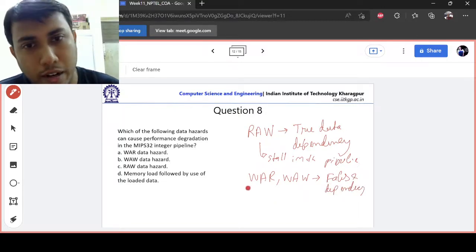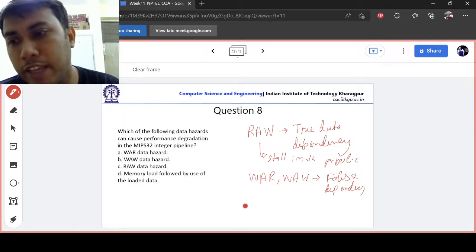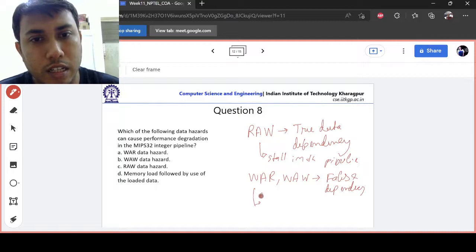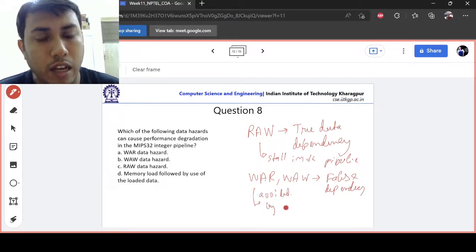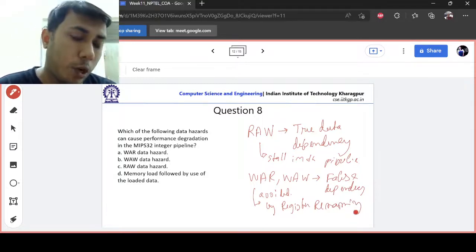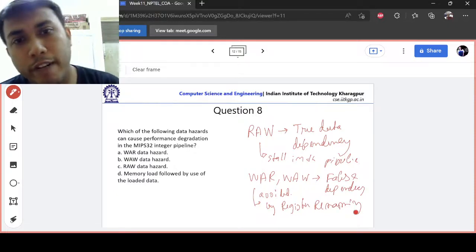Specifically, the reason for calling them false dependencies is that they can be avoided by register renaming. Modern compilers basically use two different sets of registers.